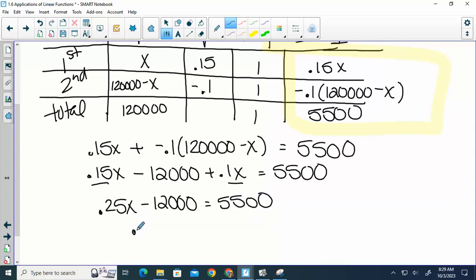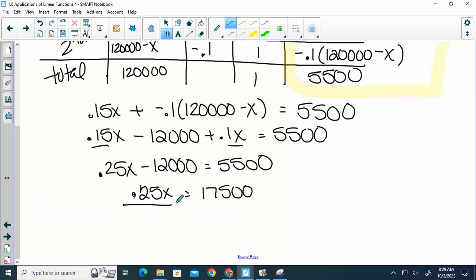Add my 12,000 to the other side. And divide by 0.25.